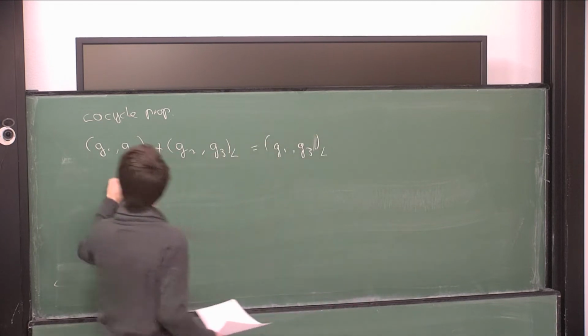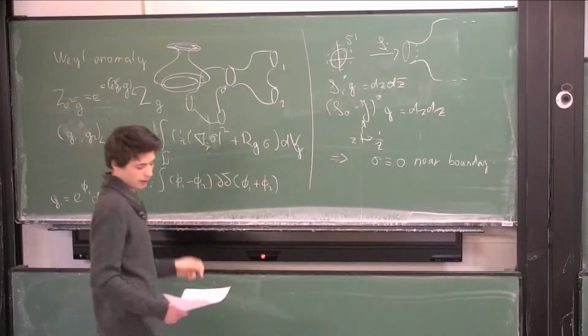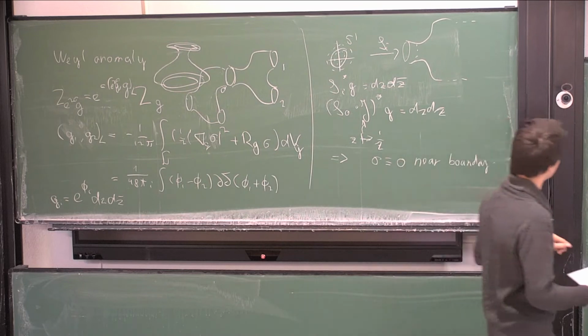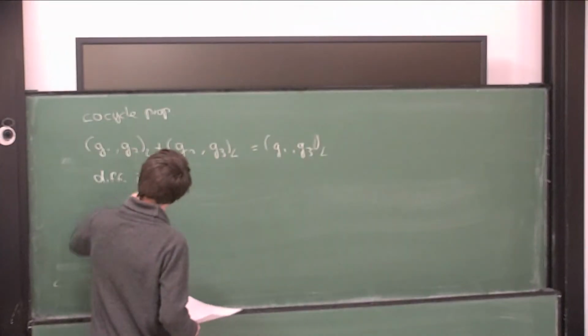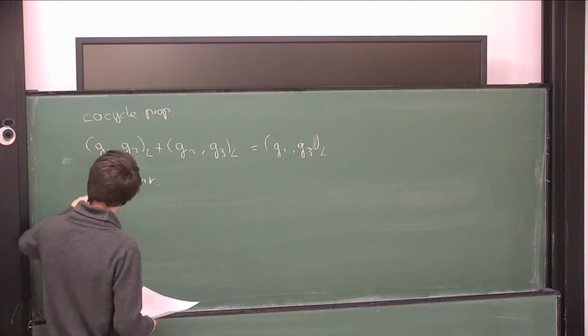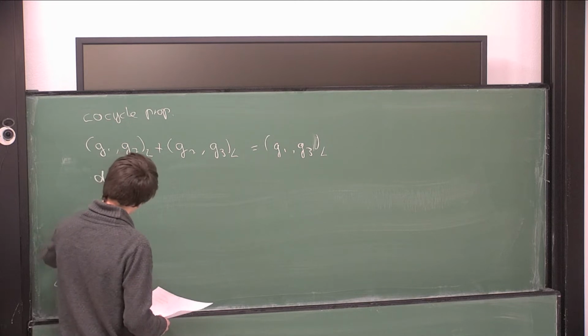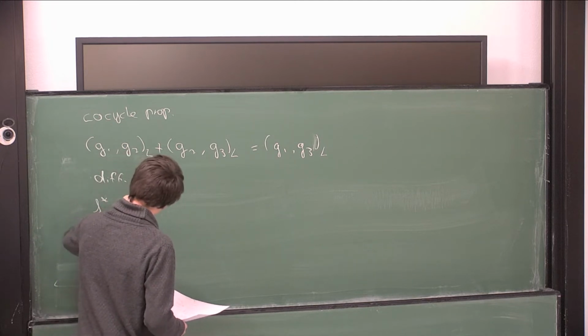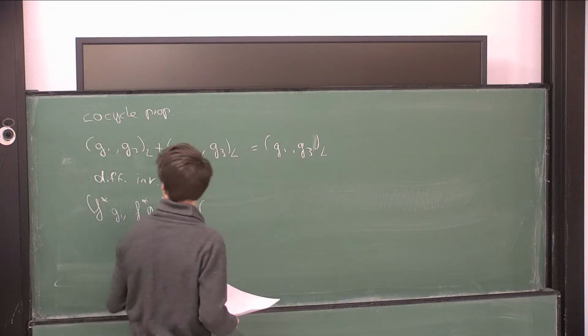And there is also anti-symmetry, which you can see from the minus here. And there is diffeomorphism invariance, which means that if we take the pullback metric along some diffeomorphism preserving the boundary parametrizations, then this preserves the pairing.